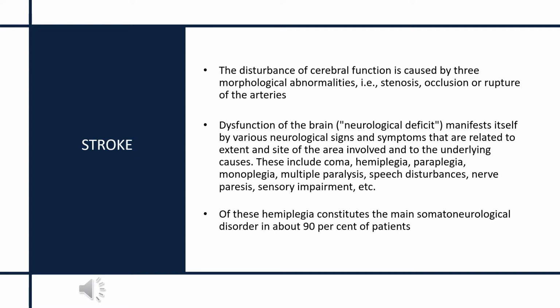Those three abnormalities are either stenosis, which we know is the narrowing of the vessels, occlusion of a vessel that supplies the brain or cerebrum, or rupture of one of the vessels. So it can be due to these three basic morphological abnormalities that can lead to development of cerebral function disturbances or deficit, or in other words, stroke.